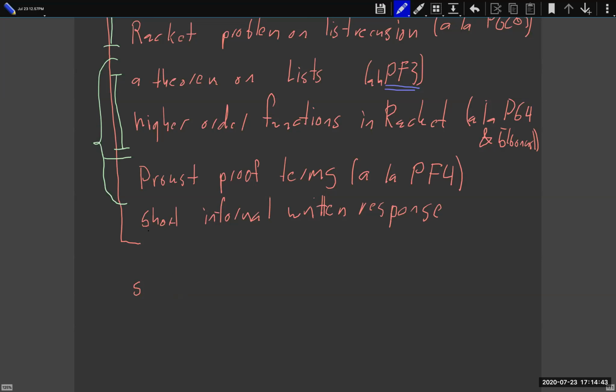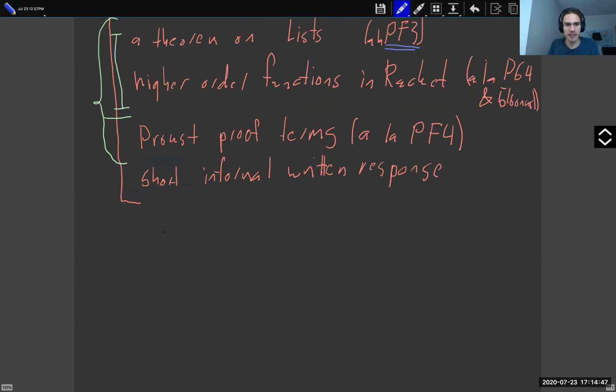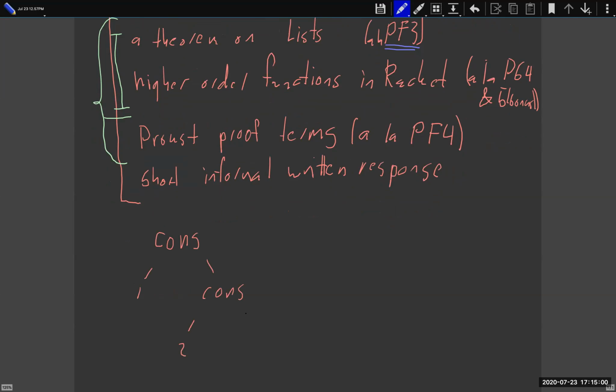Thank you. So one way to think about it is that a list of numbers generally looks like this. Let's say cons 1 onto cons 2. Let's say this is the list in question, so this would be list 1, 2.